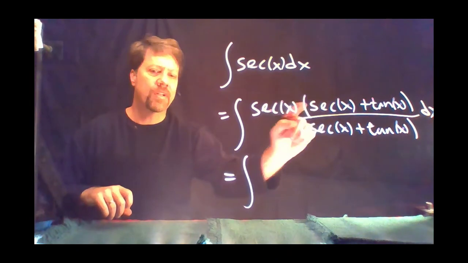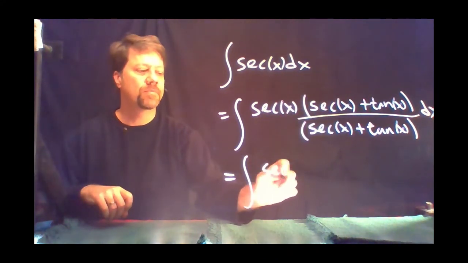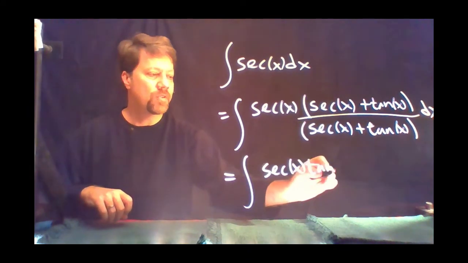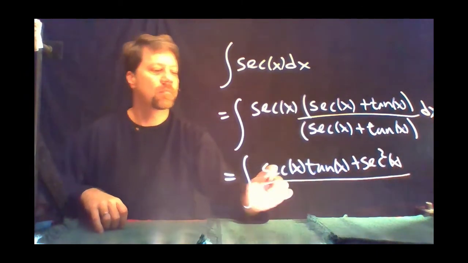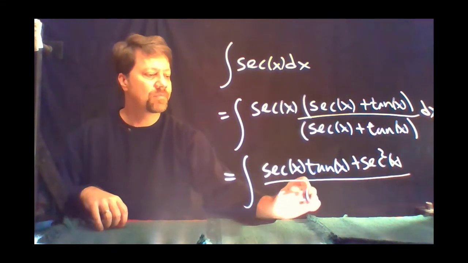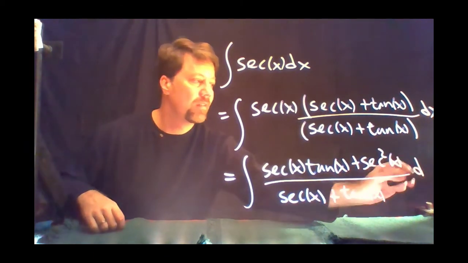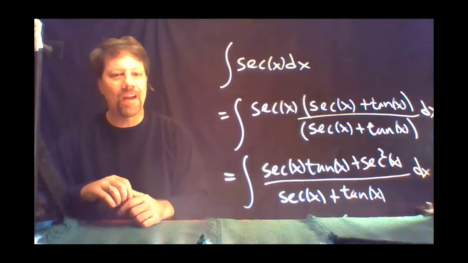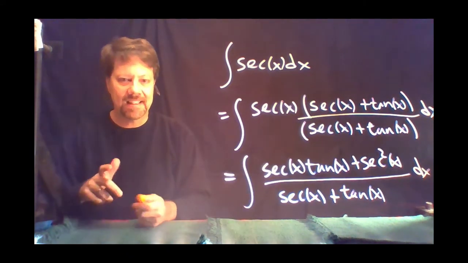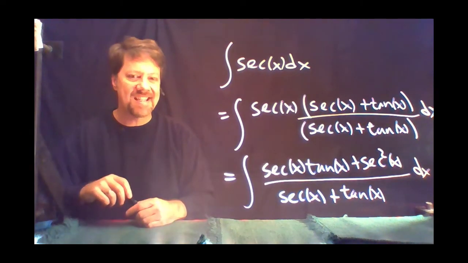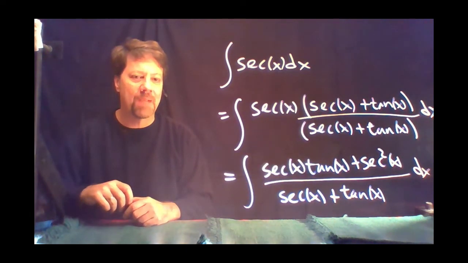I'm going to distribute, and when I distribute, I'm going to reverse the order of the sum in the numerator using the commutative law of addition. What we get is something that is exactly in the form f prime over f. The derivative of secant is secant tangent, and the derivative of tangent is secant squared. It's exactly in the form f prime over f.